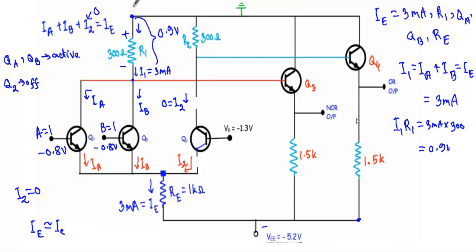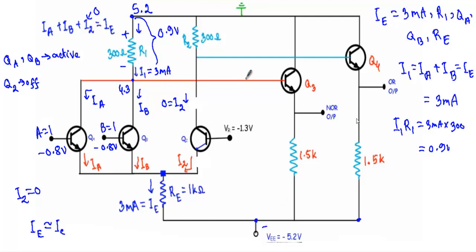Now see, we are applying 5.2 volt between this terminal and this terminal. I am getting only 0.9 volt between these two terminals. Now the rest of the 4.3 volt will appear across this terminal and this terminal.